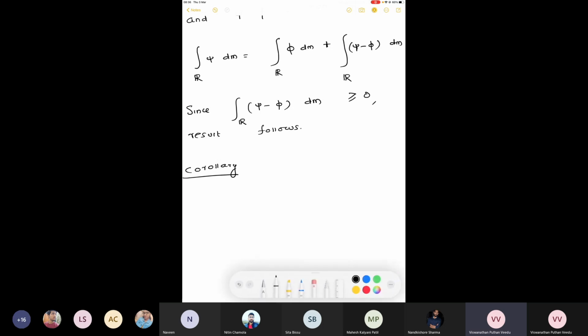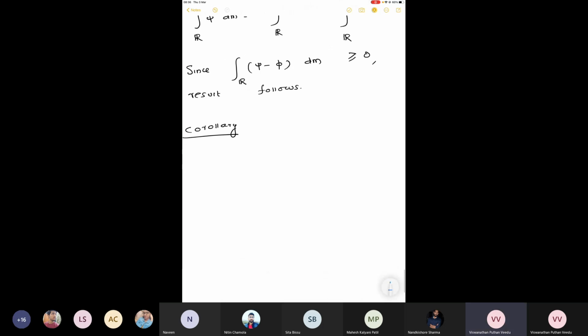Bear those points in mind and now see the corollary. Let B1, B2, etc., Bk be measurable sets, and beta 1, beta 2, etc., beta k be non-negative real numbers.